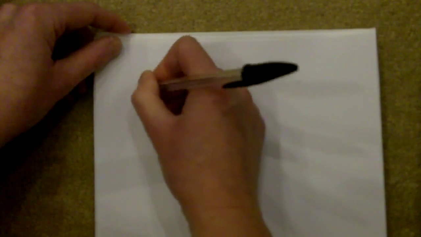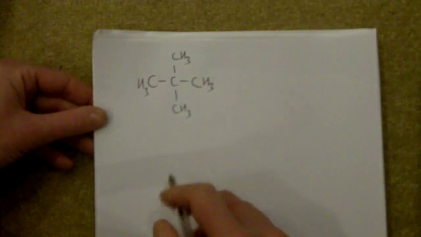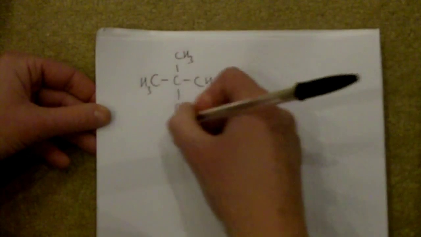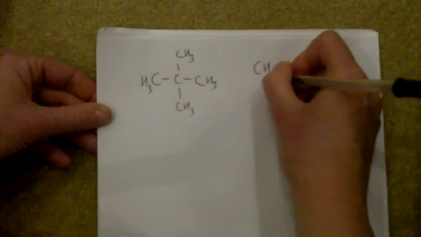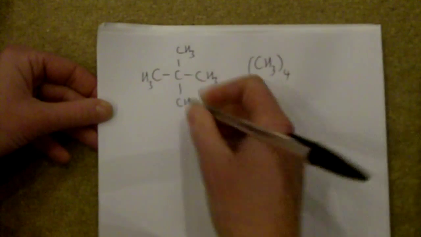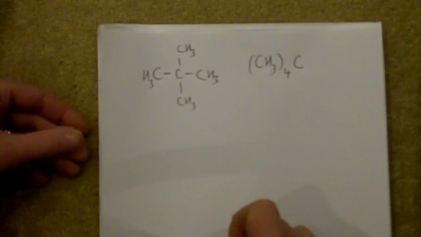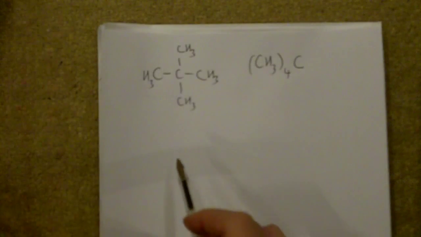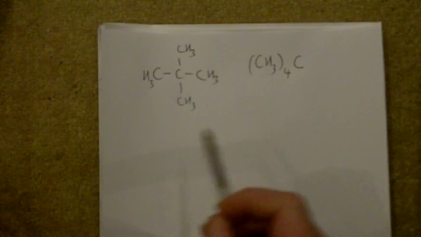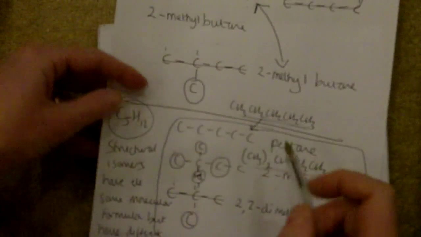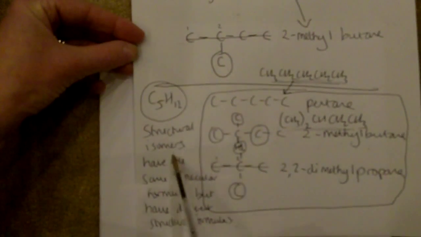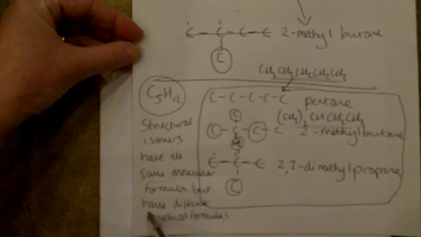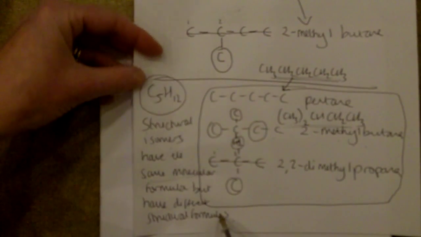Each carbon has to have 4 bonds. So there are 4 CH3s, and they're all joined to the same carbon. Okay, so that was propane, 2,2-dimethyl propane. Right, so they are structural isomers because they've got the same molecular formula but different structural formulas.